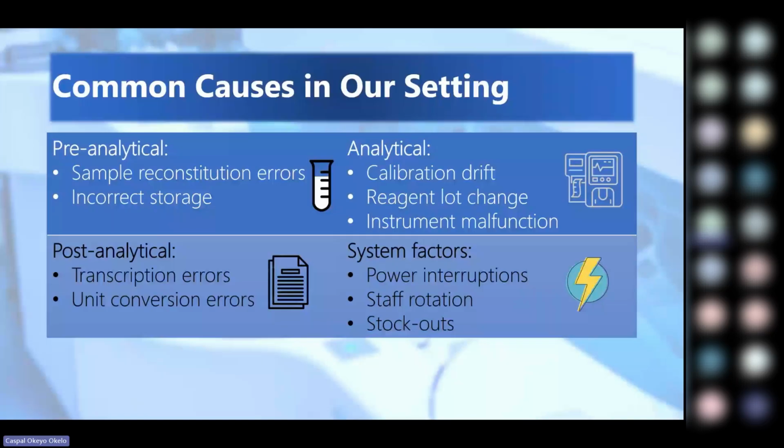Secondly, analytical causes. This is where most of the investigations of EQA outliers focus. And common analytical causes include calibration drifts, reagent lot variations, expired or improperly stored reagents, instrument malfunctions, inadequate maintenance, or simply ignoring subtle QC trends.